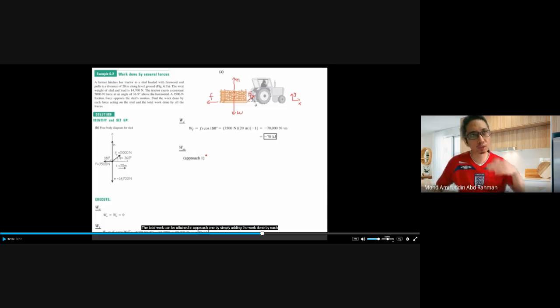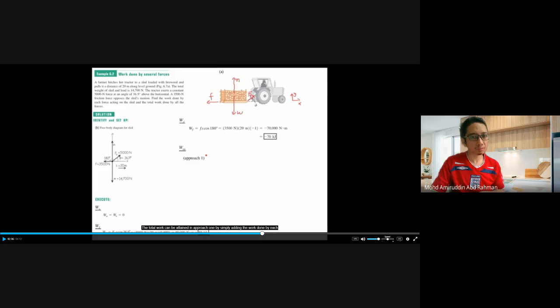Because the displacement S is in one direction, but the friction force F points to the left, so we need to consider the angle between S and F, and that's why we take 180. Cos 180 is -1, S is 20 meters, and the force is 3,500 newtons, so you obtain -70 kilojoules.